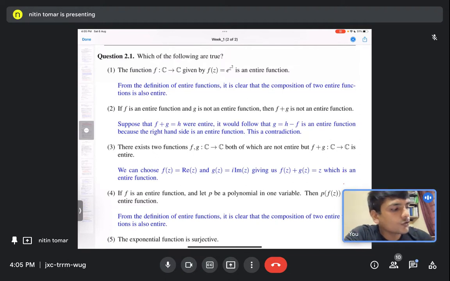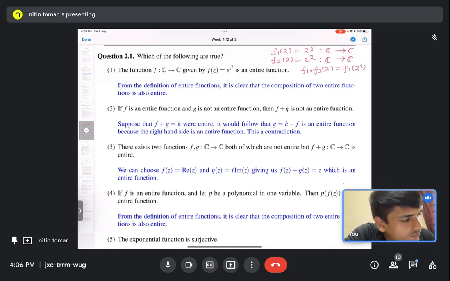So you take f1(z) to be z square and f2(z) to be e to the z, and both of these are entire functions from C to C. Then if I compose f2 with f1, f2 of f1, then f2 of z square will be e to the z square.